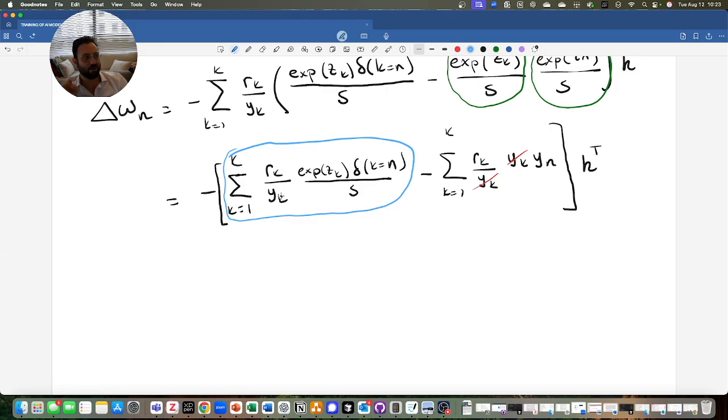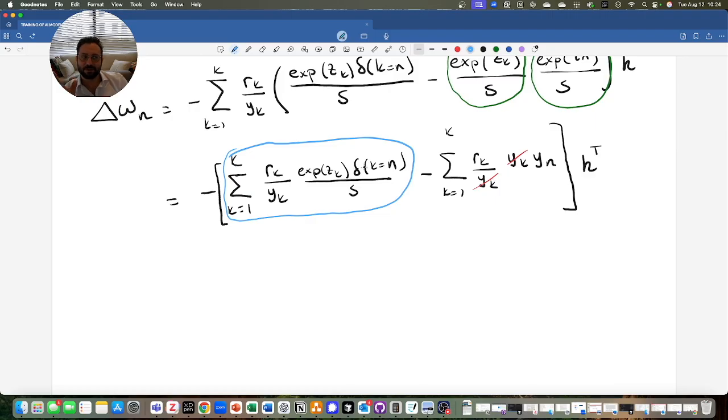It's going to be R1 over Y1 exponential Z1. But then when K equals 1, it's not going to be equal to N unless N is 1, and the whole summation is going to disappear for that index. And K will be 2, and then this is going to be calculated, but this delta is going to kill it if it is not N.